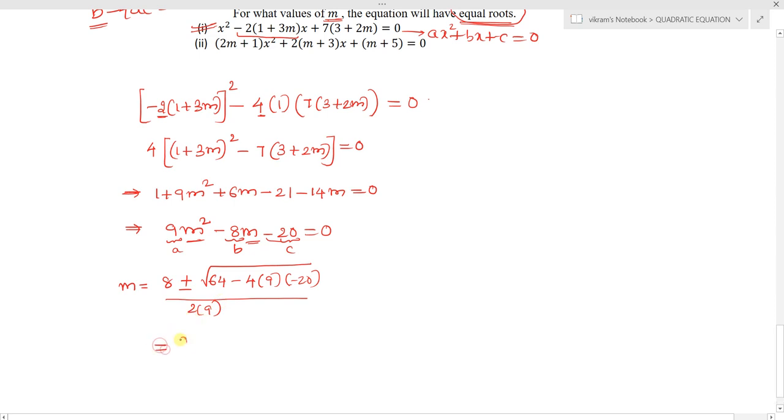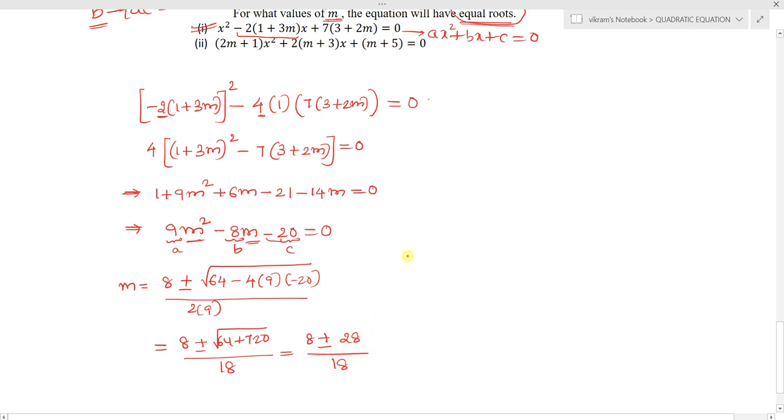So if we solve this, we get 8 plus or minus the square root of 64 plus 720, which is 784, by 18, so 8 plus or minus 28 by 18.